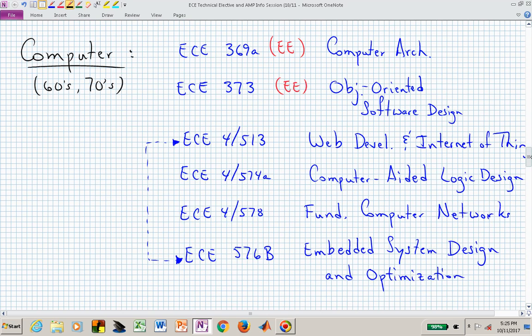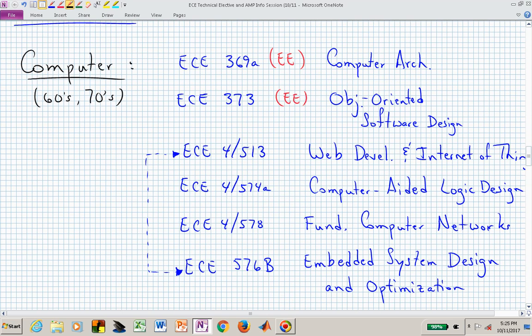In the computer area, if you're in the electrical engineering option, you have a couple more in this area than the computer option students. But you can take computer architecture. If you're an EE, you can also take 373 if you're an EE option.